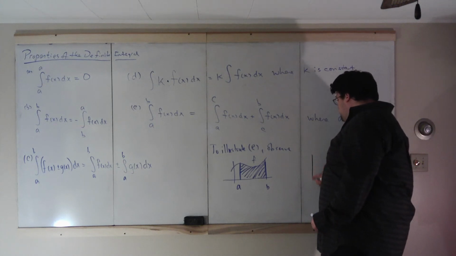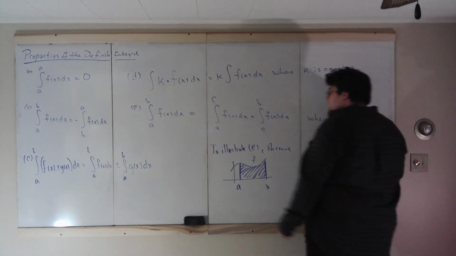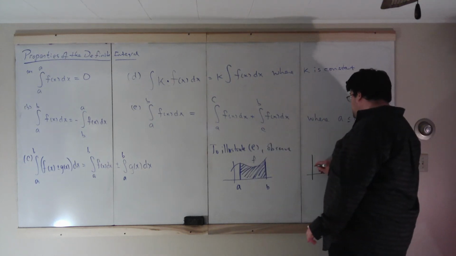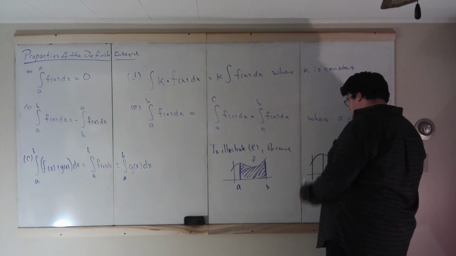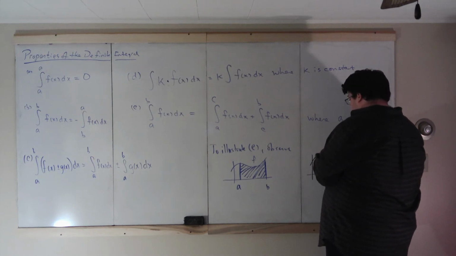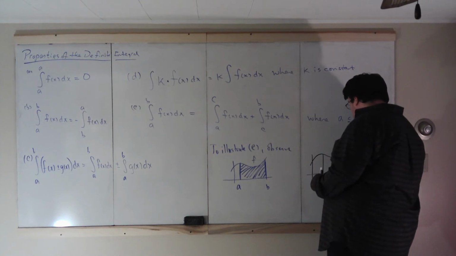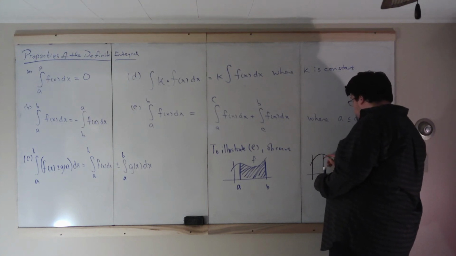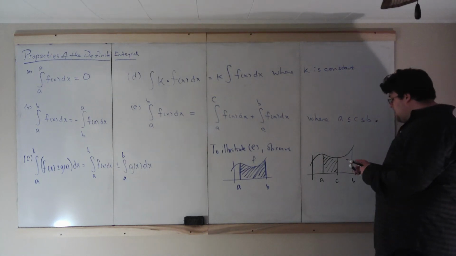But c is between or equal to a and b, so you can put c between these, and it would give you something like this. There's a, there's c, there's b. The integral from a to c is that area.